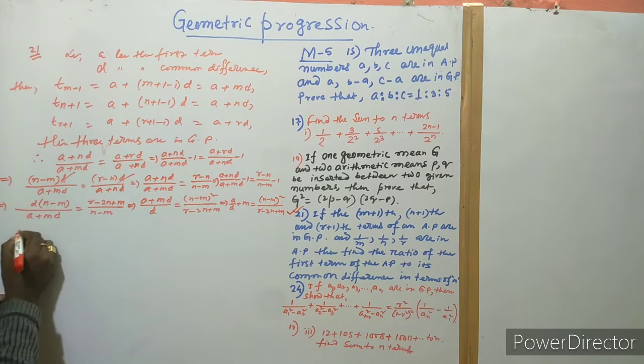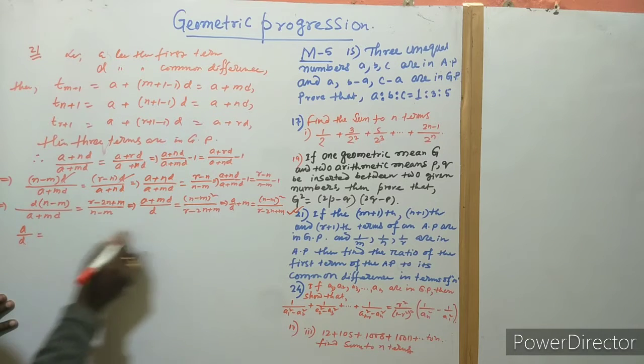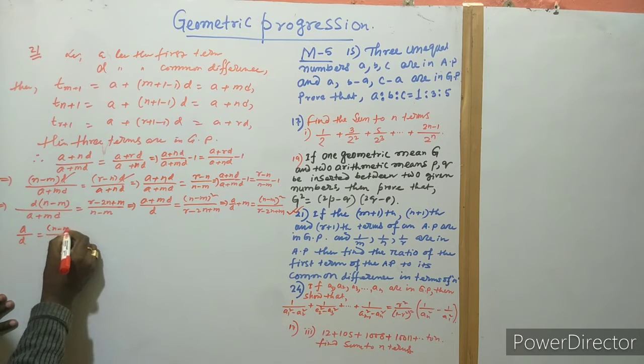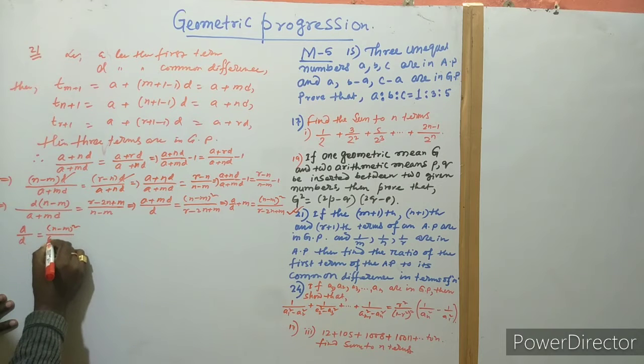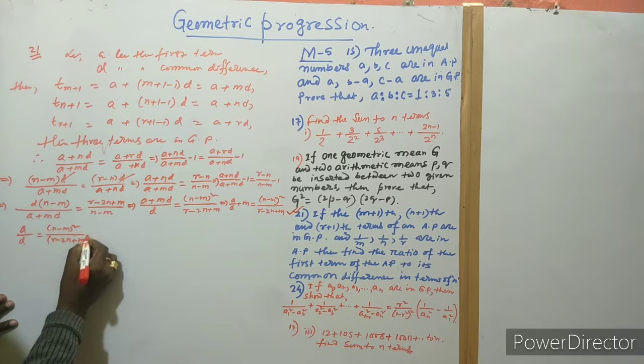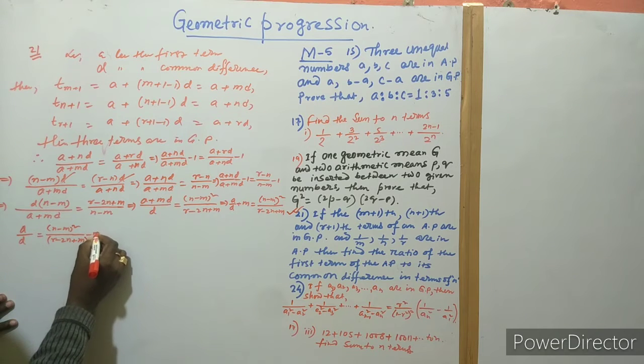And now this is your A by D here, and m is transferred to the right-hand side and take the LCM. Then (n minus m) whole square by (r minus 2n plus m) minus m.